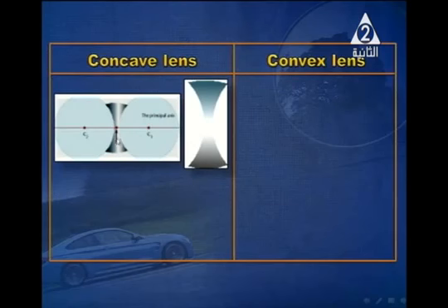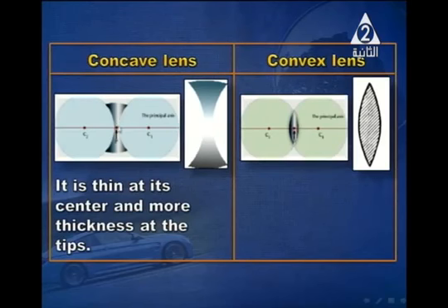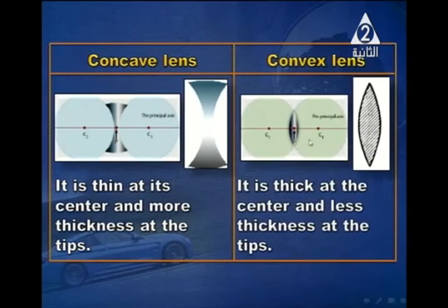This is the concave lens, which is thick at the two tips and thin at the center, while the convex lens is formed due to the intersection of two spherical surfaces, which is thick at the center and thin at the two tips of the lens.